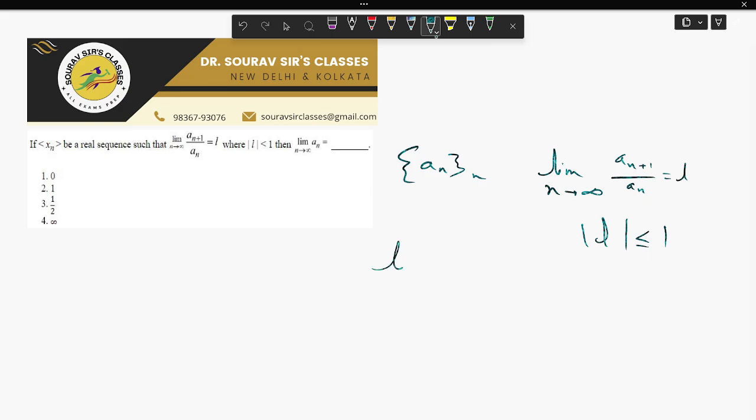That means we are going to find limit n tends to infinity, an equals to.